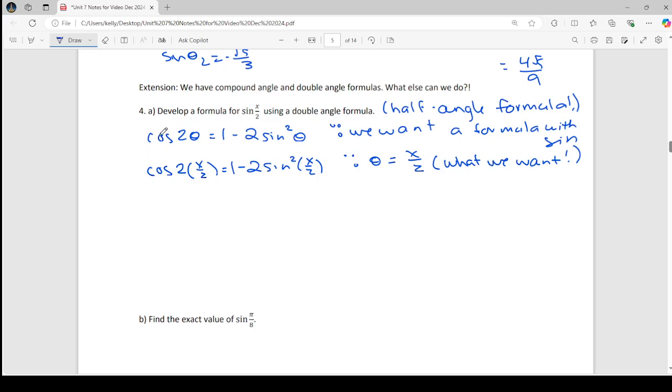So cleaning that up just slightly, on the left is just cos x. Okay, and then now let's start isolating for sine x over 2. So I'll bring that to the left: 2 sine of x over 2 squared is 1 minus cos x. Let's divide both sides by 2.